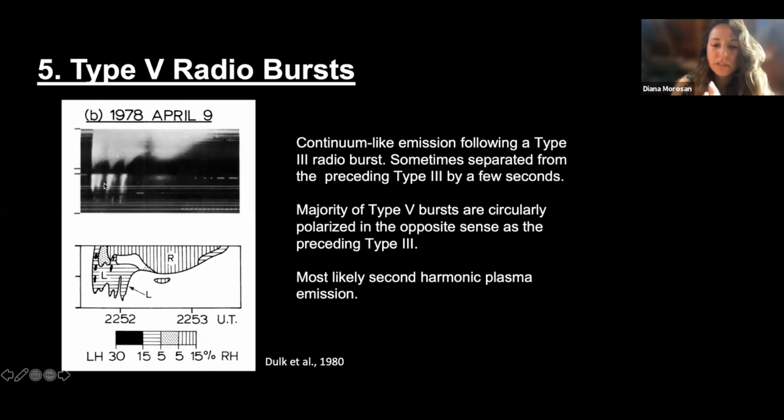So it's a little bit unclear if type 5 radio bursts are their own spectral type. Maybe somebody is studying them, I don't know, but it's unclear if they were just misclassified type 3 bursts. I don't know of anyone who has a recent example of type 5 radio bursts, but they're still included in the classification.